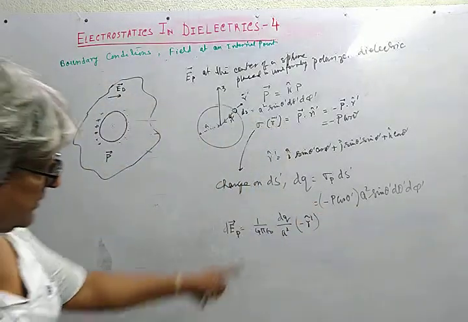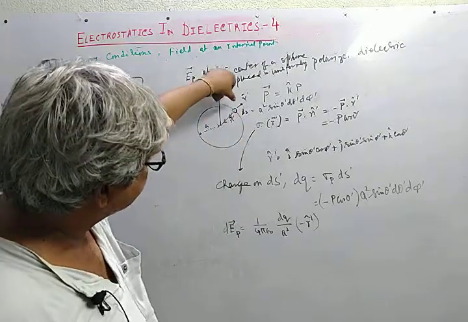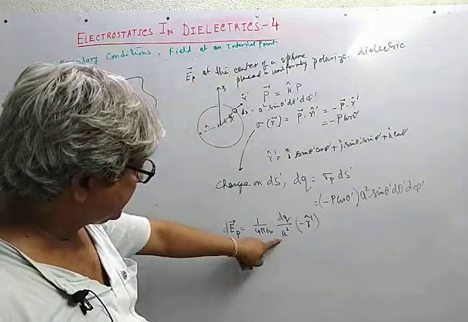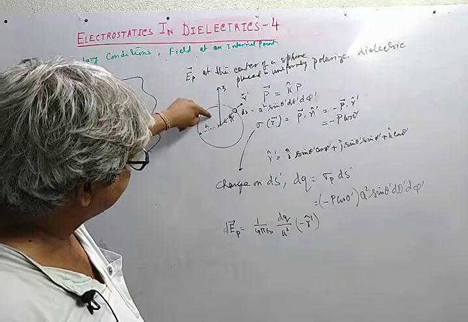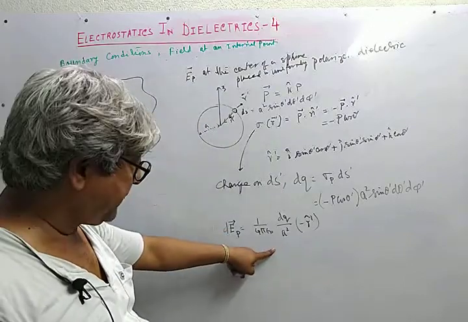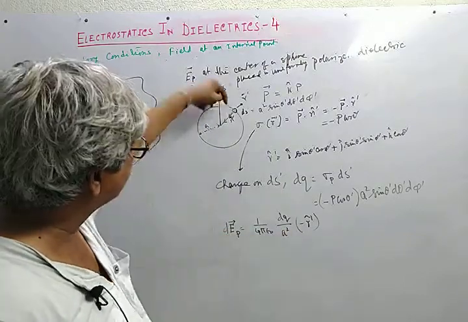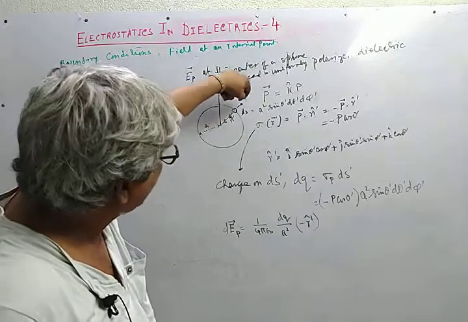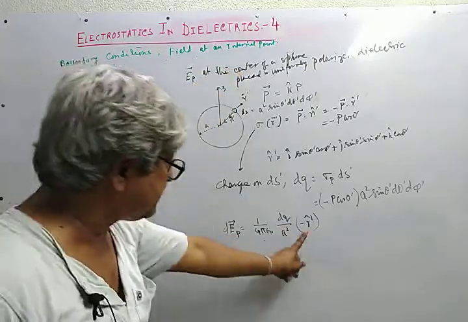Note this. This is the charge on the surface area dS prime. The distance is A. Since it is placed in vacuum, it is 1 upon 4 pi epsilon 0, and the direction is against the r cap, so there is a minus sign.